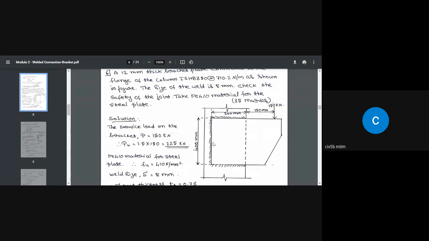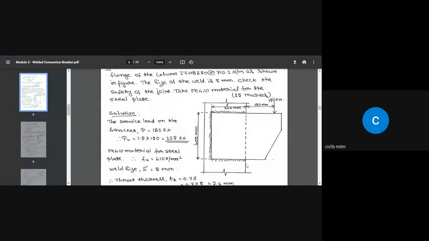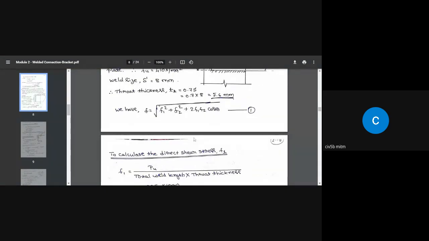Is it clear to you? The F1 value is constant throughout the length of the weld. Each unit area of the throat is subjected to a direct shear stress of 50.22 Newton per millimeter square. The next point is to find out what F2 is.